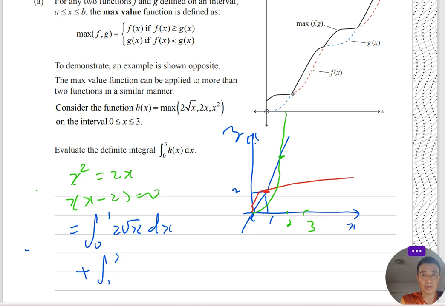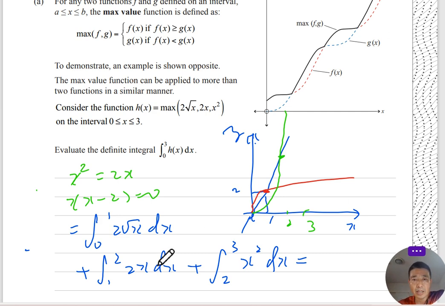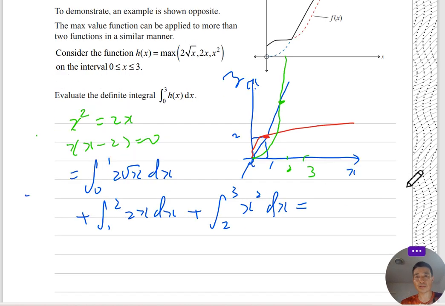Plus 1 to 2 is the linear graph 2x, and finally 2 to 3 is the parabola x squared. So we can use a graphics calculator to calculate this, right? Well, if you want to, you can simply change to this way, isn't it?